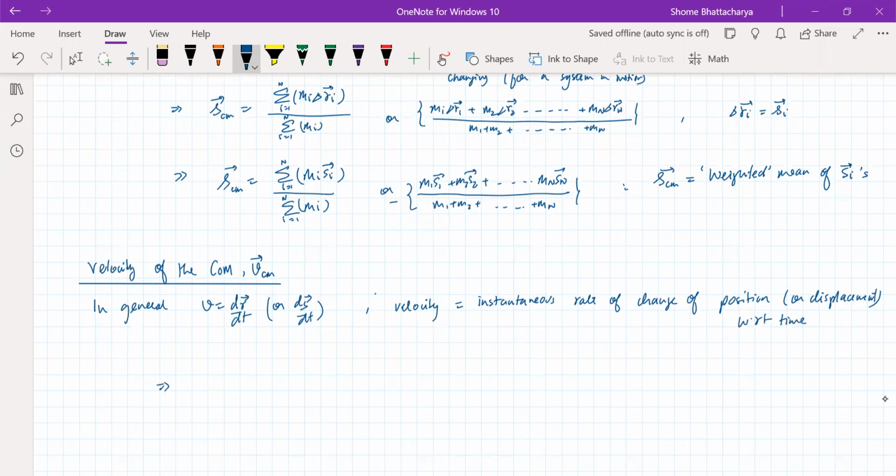So here, velocity of the center of mass is the instantaneous rate of change of position or displacement.